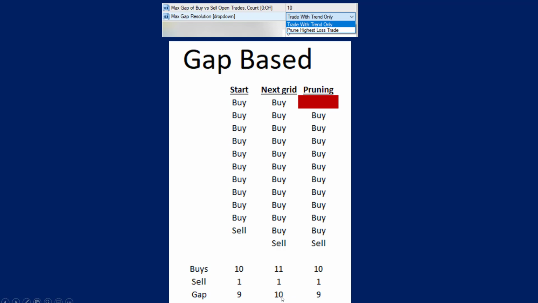In most cases, it will close the highest loss one, so it will just close that particular deal. So it will prune it. So you'll be back to 10 buys, 1 sell and a gap of 9. A lot of traders like using this as a pruning method.